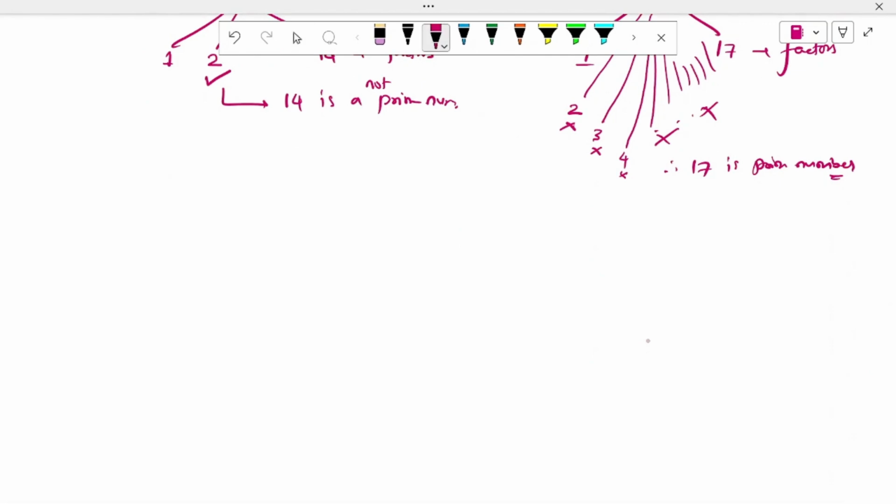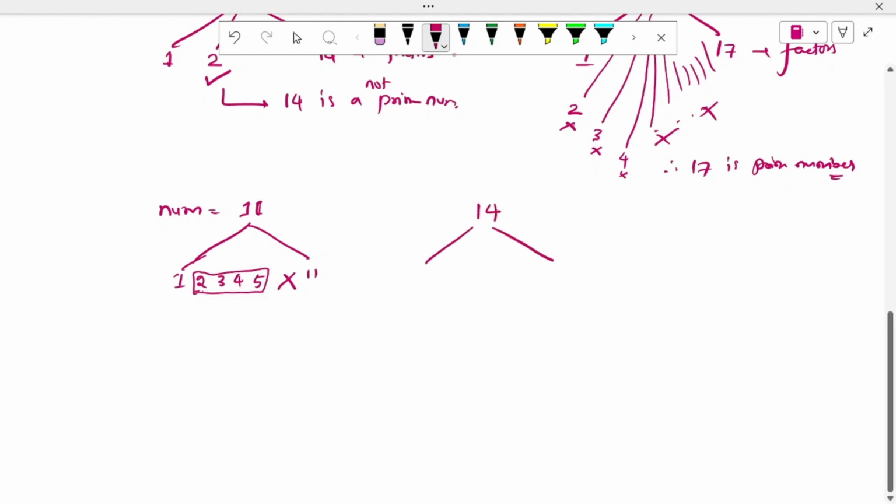Okay. And similarly, we are going to take another example. Num is equal to, I can take like 11. See, whenever you are checking whether 11 is a prime number or not, you are not going to check till 11. You are going to check for 2, 3, 4, 5. If it is not divisible by 2, 3, 4, 5, then it will not be divisible by any of the numbers after 5. Because, see, if you consider 14, you have got 1, 2, 7, and 14.